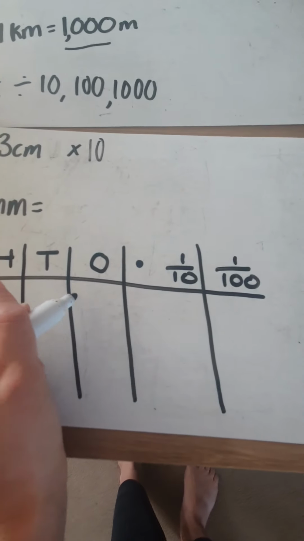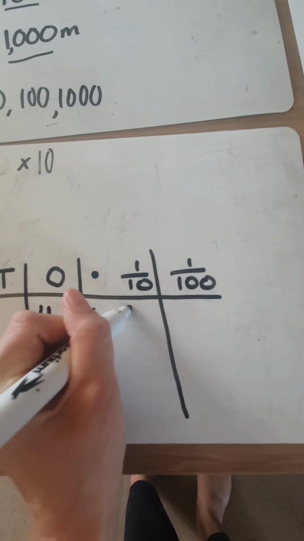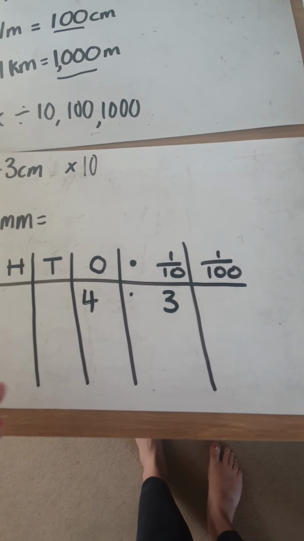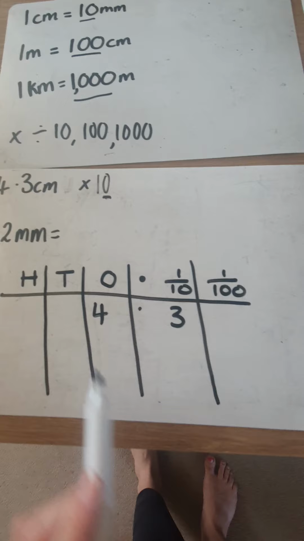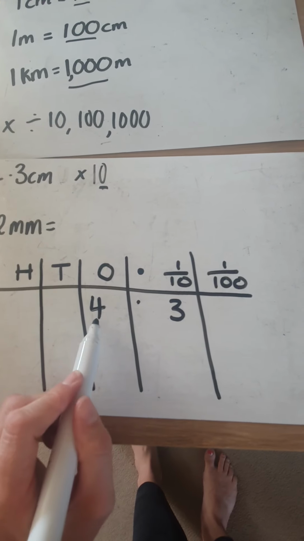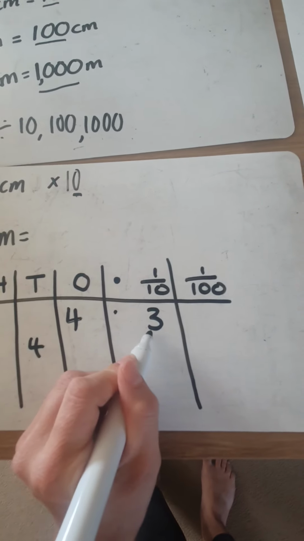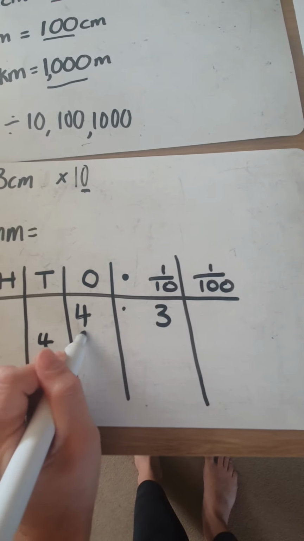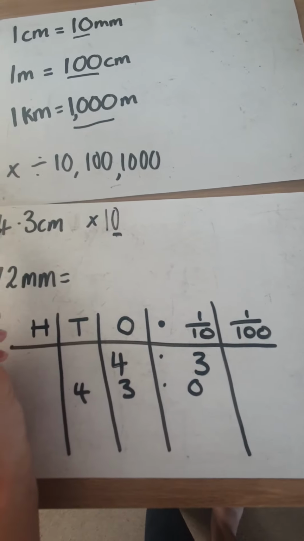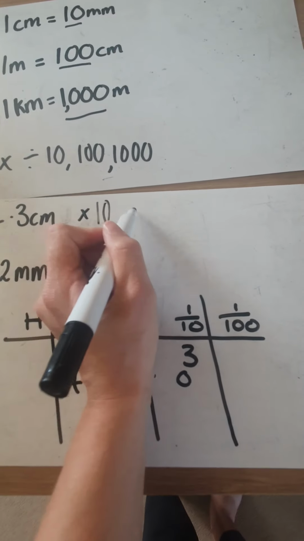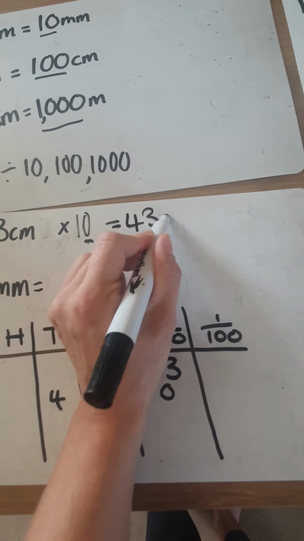So we're going to write it in here, 4.3. And to multiply by 10, your digits are getting bigger. Multiplying by 10, there's one placeholder, so you move them one place. The 4 is going to go from the 1s into the 10s. The 3 is going to go from the 10ths into the 1s. You can put the decimal point back in. So 4.3 centimetres equals 43 millimetres.